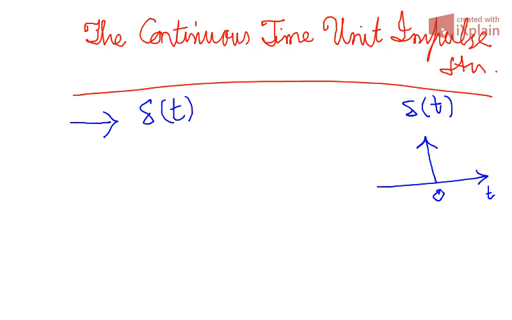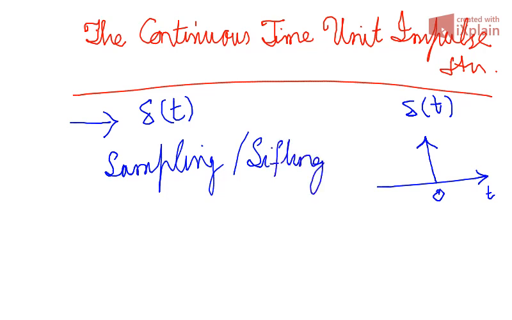We will also discuss the sampling property, or the shifting property, of the unit impulse function.